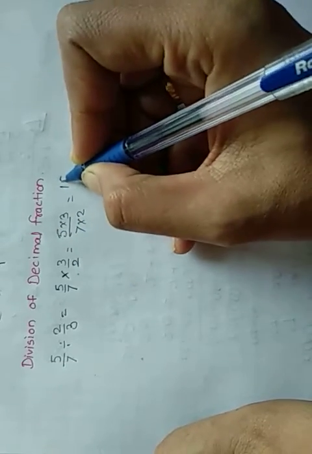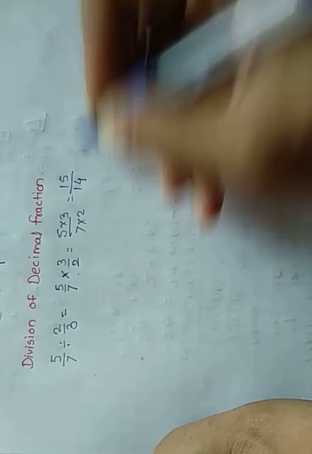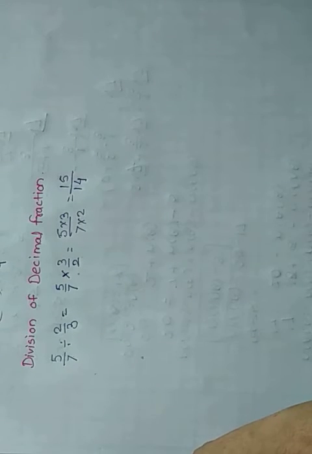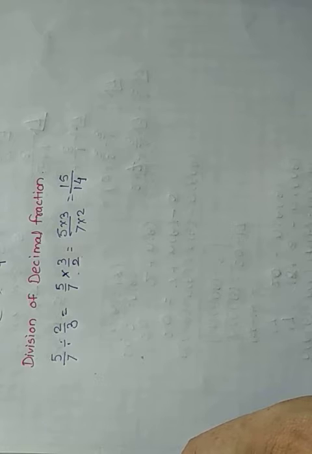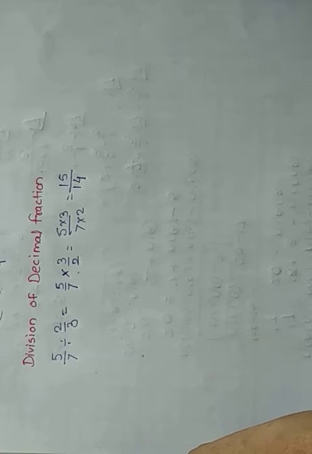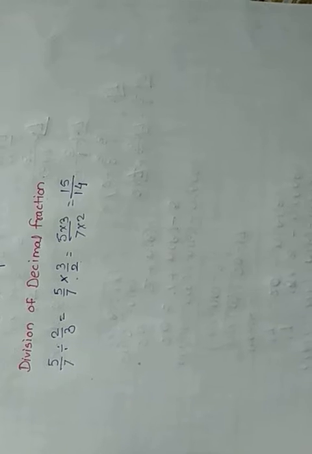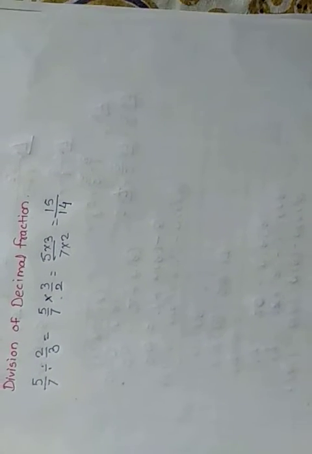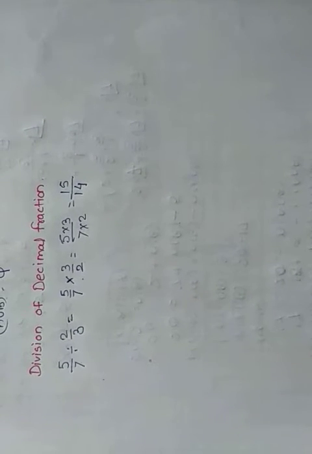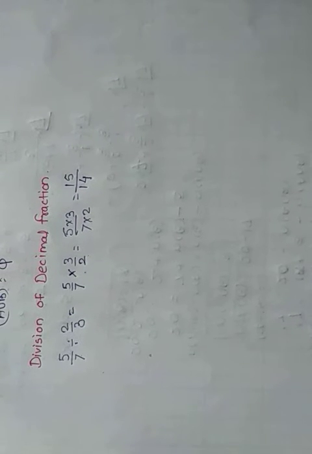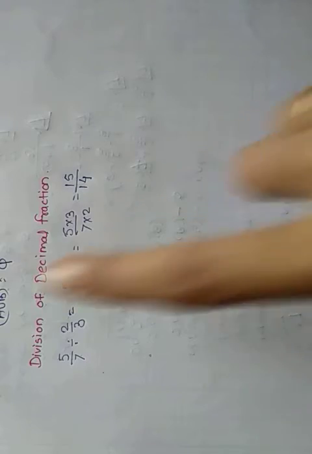So the answer is 15 upon 14. Like this, today we are going to see the division of decimal fractions. First we convert the decimal fraction into a fraction, and then we use these rules.